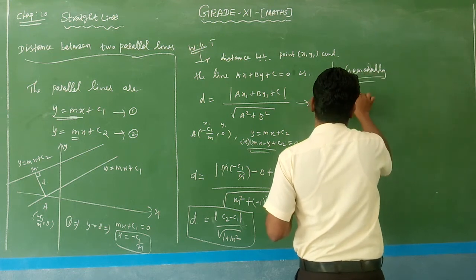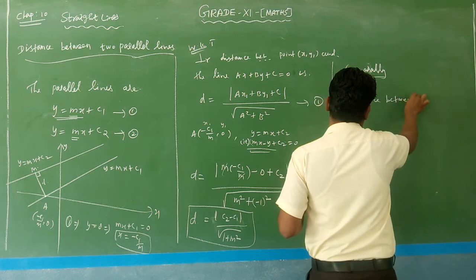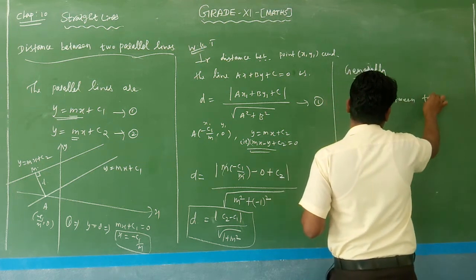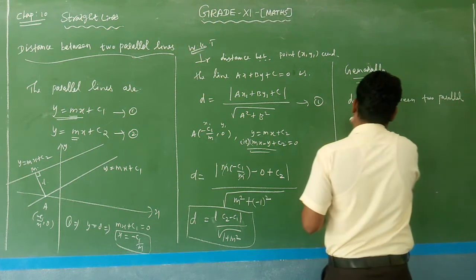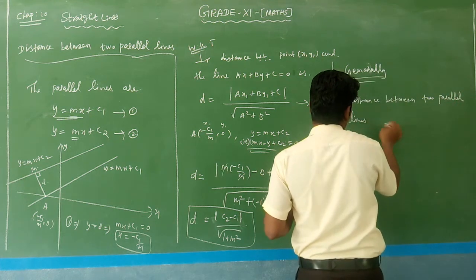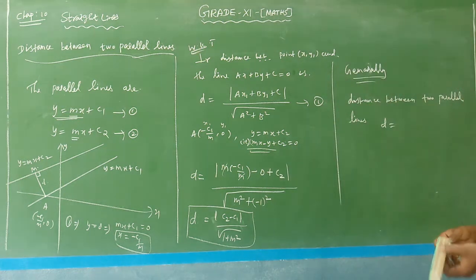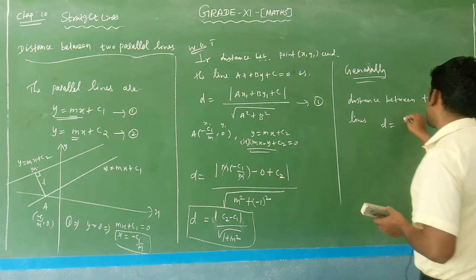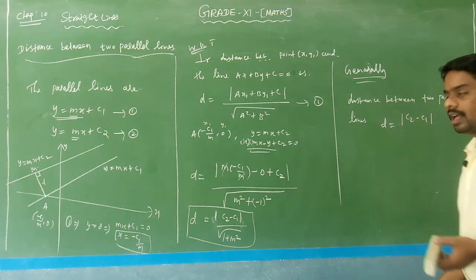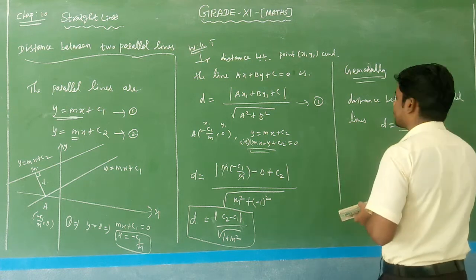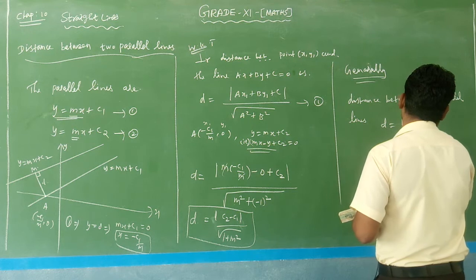Generally, the formula for the distance between two parallel lines is d equal to modulus of c2 minus c1, the difference between the two constants, divided by root of a square plus b square.